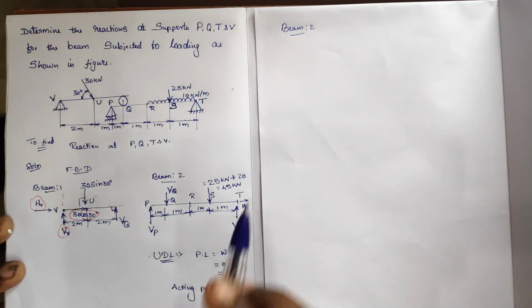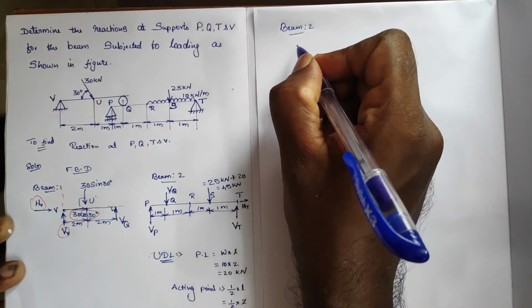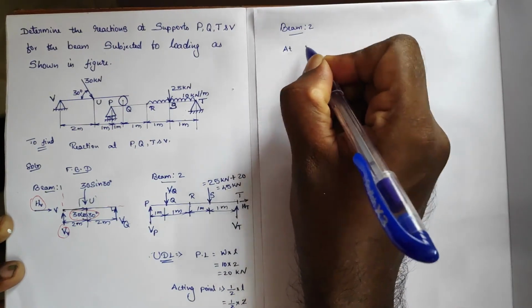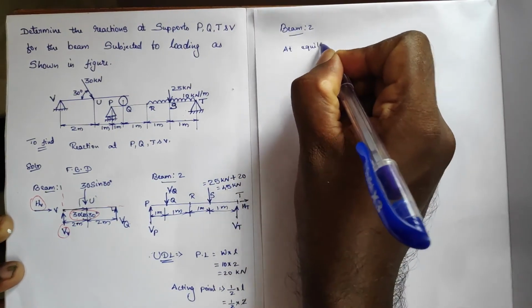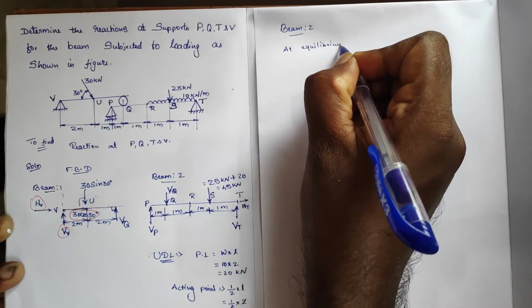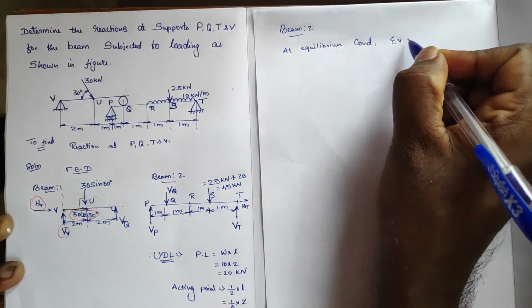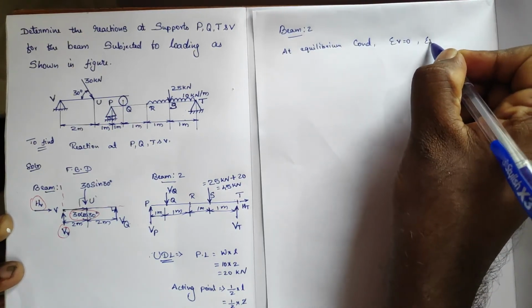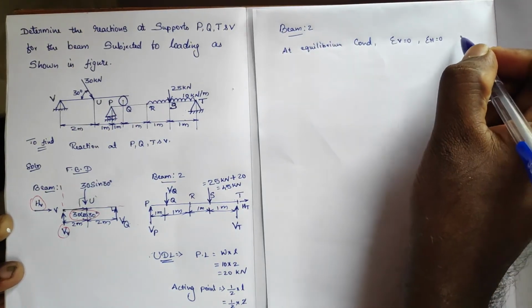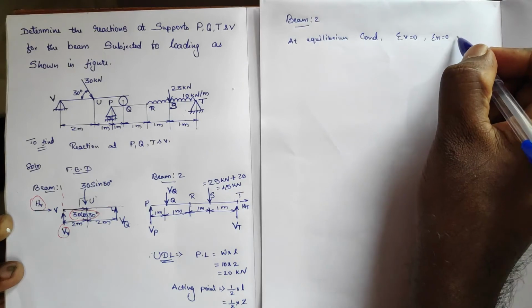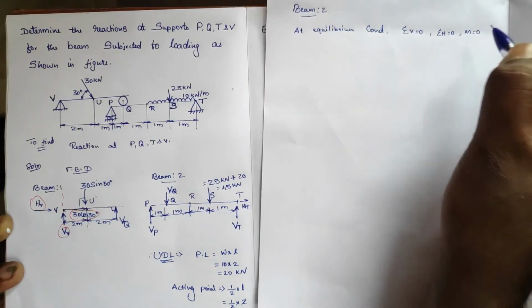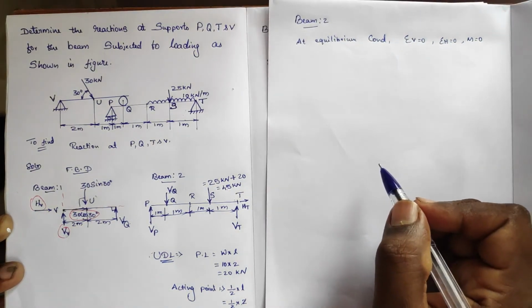Now when you're considering beam 2, apply the equilibrium conditions in a similar manner. It is nothing but sum of vertical force is equal to 0, sum of horizontal force is equal to 0, and sum of moment is equal to 0, right?